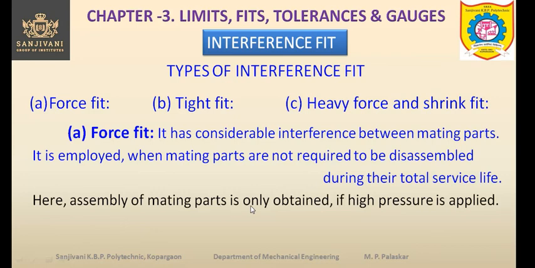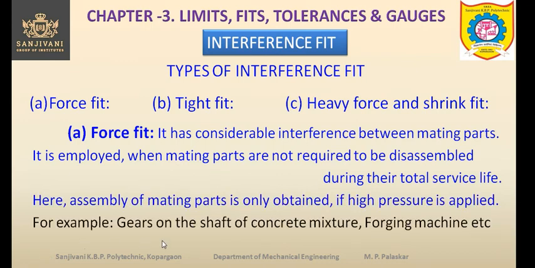Here assembly of the meeting parts is only obtained if pressure is applied. Without pressure we cannot assemble. Since the size of the hole is smaller than the size of the shaft, how can we assemble them without pressure? Pressure is required. Force is definitely required for the assembly, for inserting one part into the other part.